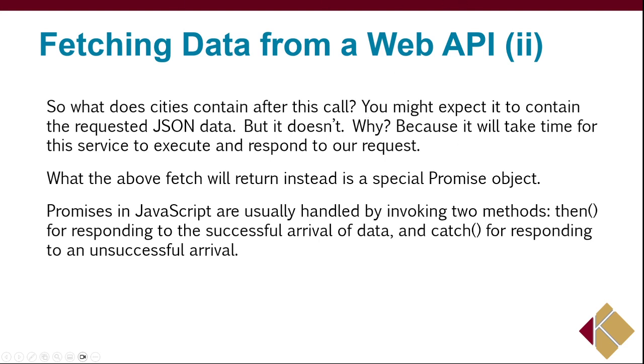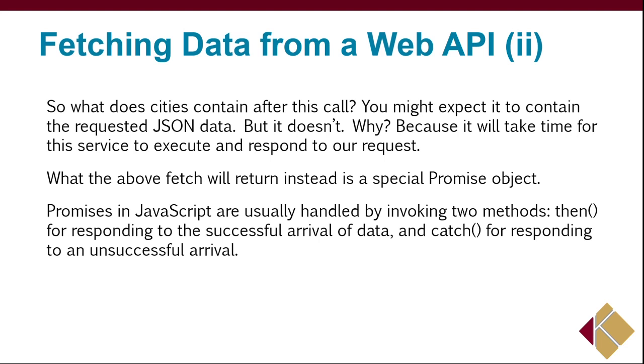The point in this one is that when you fetch data from a web API, it doesn't automatically populate, because sometimes it takes time for it to execute and respond. The way that they get around that is by using promise objects.